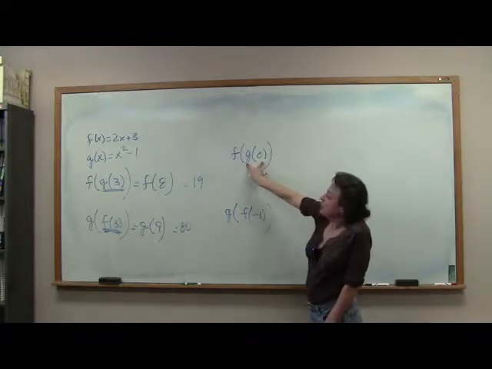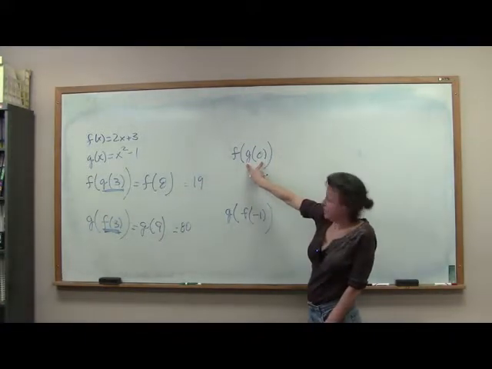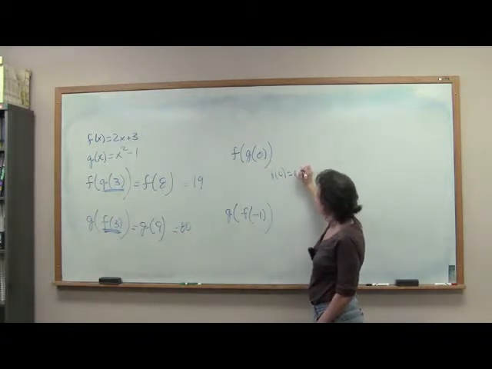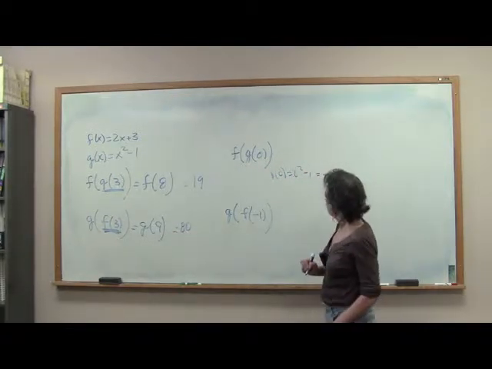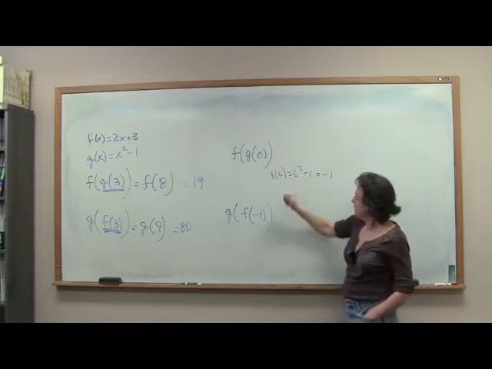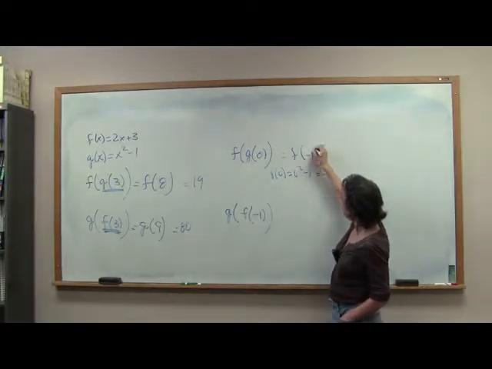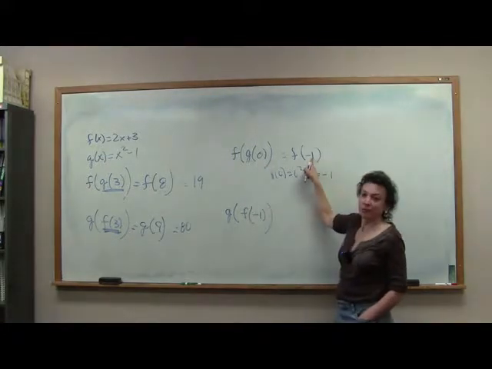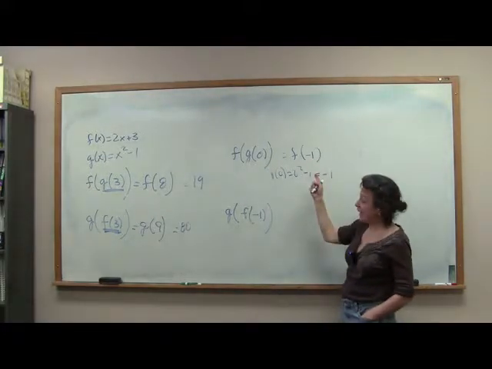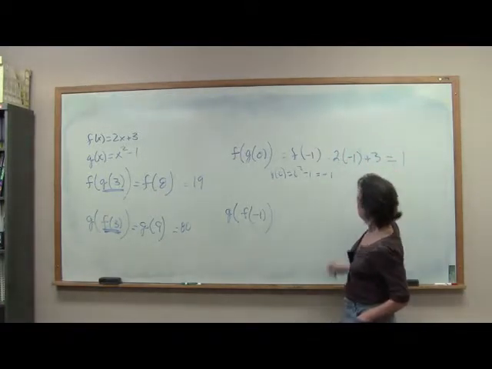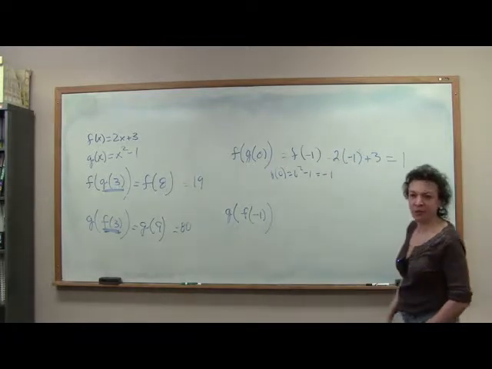This first guy, we're going to compute g of 0 first. Okay? What is g of 0? Well, that's 0 squared minus 1, or negative 1. So we found that g of 0 is negative 1, so I'm going to replace g of 0 with negative 1. And now we need to compute f of negative 1. So that's 2 times negative 1 plus 3. And out comes positive 1.